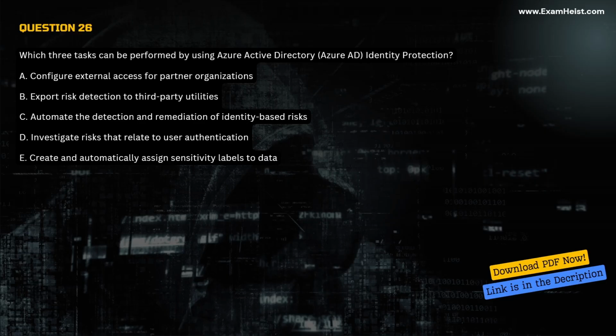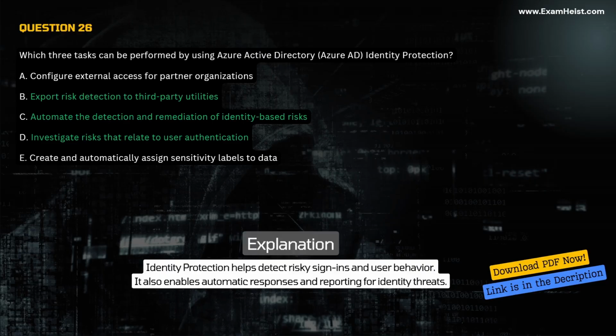E. Create and automatically assign sensitivity labels to data. Correct answer B, C, and D. Export risk detection to third-party utilities. Automate detection and remediation of identity-based risks. Investigate risks that relate to user authentication. Explanation: Identity Protection helps detect risky sign-ins and user behavior. It also enables automatic responses and reporting for identity threats.